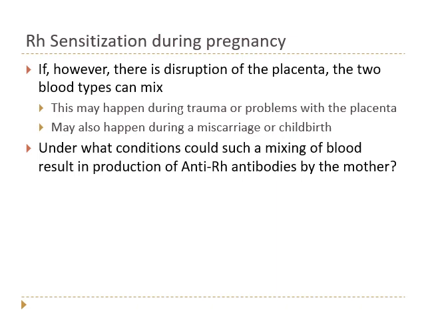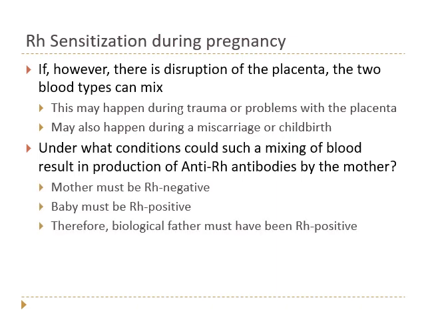So therefore, only a mother who is RH negative would ever make antibodies against RH. Secondly, you're only going to make antibodies if you're actually presented with that antigen. So a mother will only make anti-RH antibodies if the fetus has RH antigens. Therefore, only if the fetus is RH positive, right?